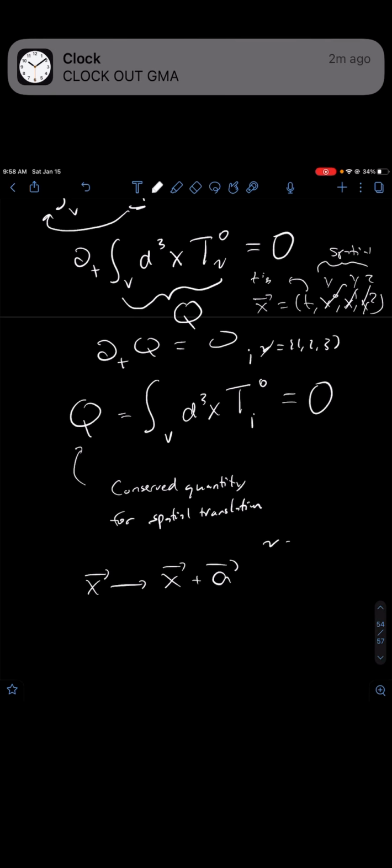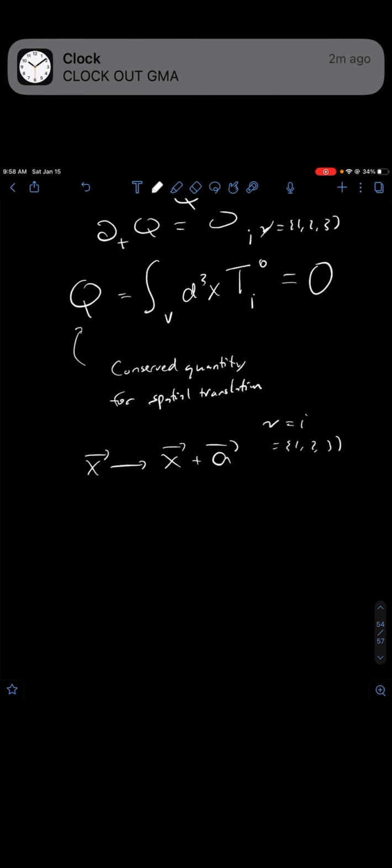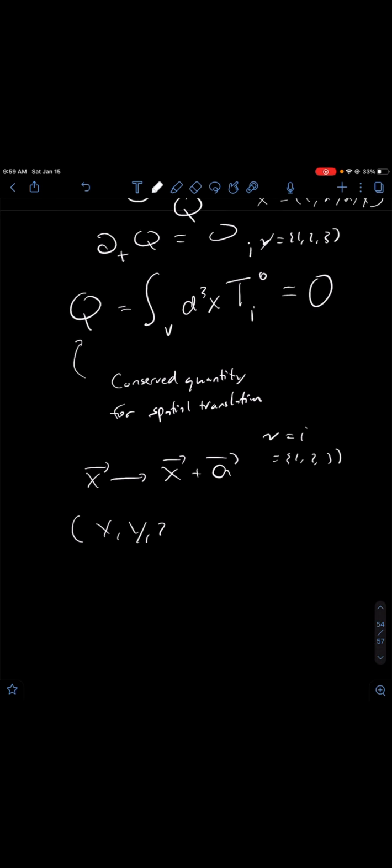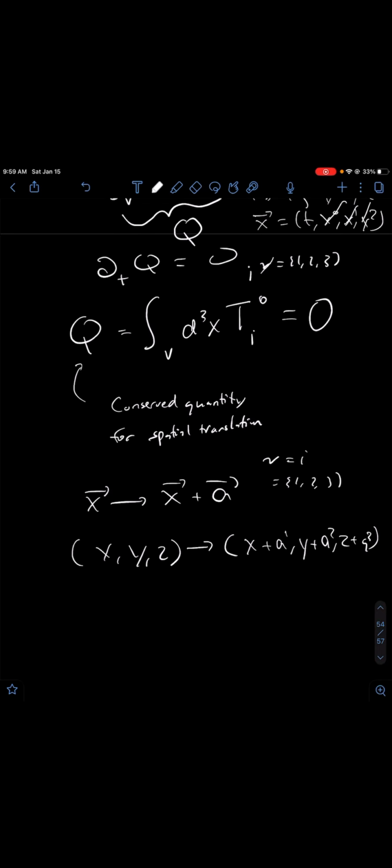We considered nu to be I, which is just 1, 2, 3, right? So we are only considering those spatial translations now. We're considering only x, y, and z turning into x plus a1, and then y plus a2, z plus a3.